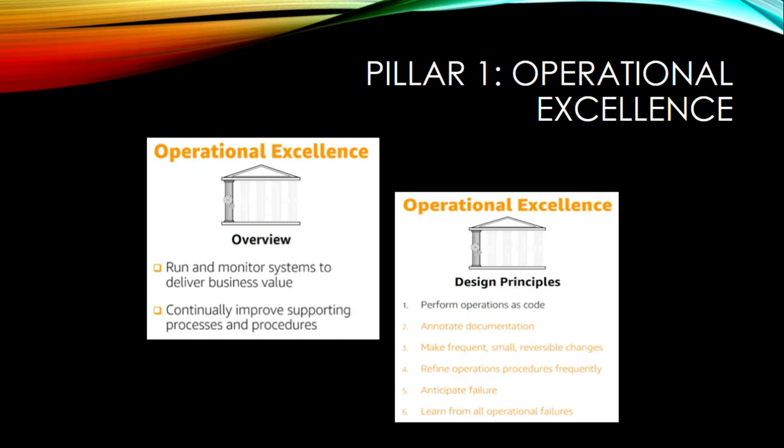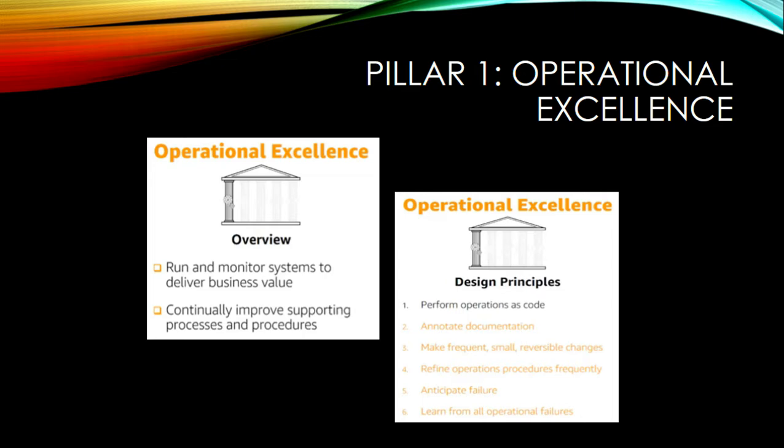The third point is make frequent, small, and reversible changes. This is about designing workloads to allow components to be updated regularly. Make changes in a small incremental fashion that can be reversed if there is a failure, without affecting customers when possible. That's the key here.